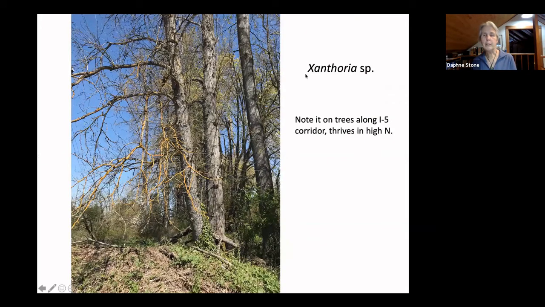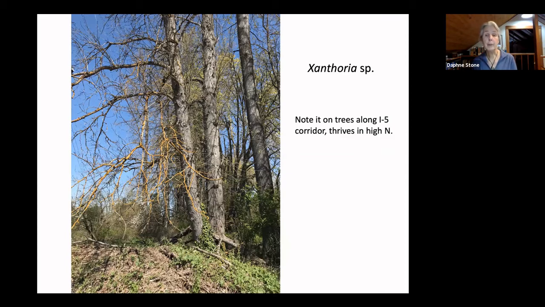Well, continuing to talk about Xanthoria a little bit more, another place that you'll see trees or branches covered with bright orange Xanthoria is along the I-5 corridor. Xanthoria, as I said, likes high nitrogen and sometimes high pH as well.